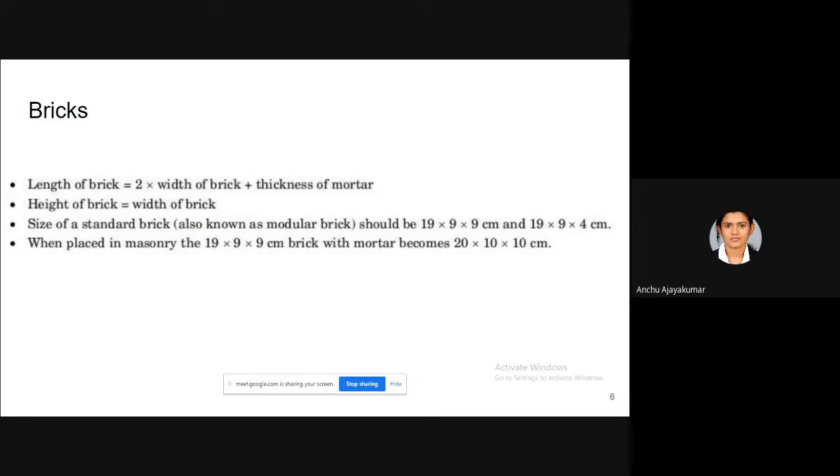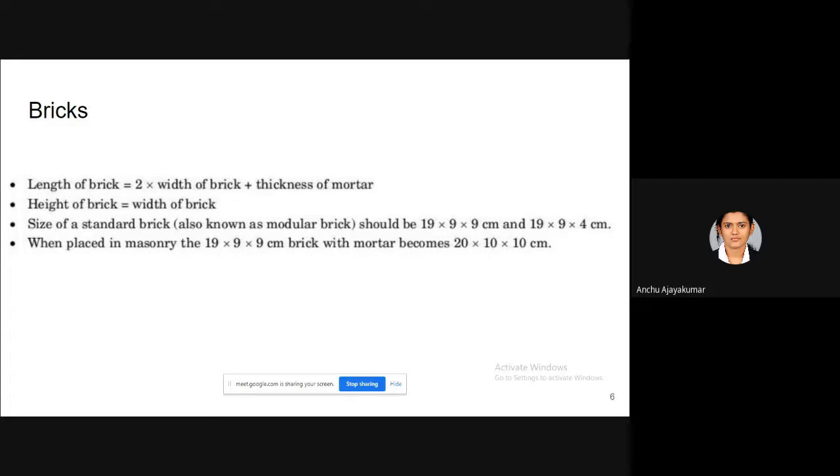Next important material which we deal with on our construction site is brick. You know what brick is, so I won't move into the basics of brick. Just from the GATE point of view, how will you measure the length of a brick? The length of the brick is 2 times the width of the brick plus the thickness of the mortar.